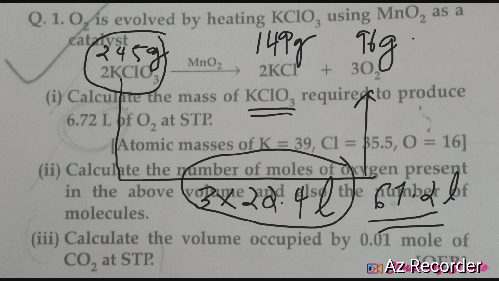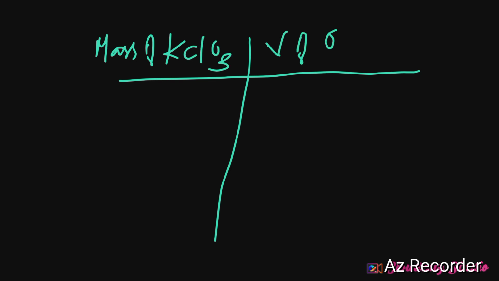Now we need to calculate the mass of KClO3 required to produce 6.72 liters of oxygen. That is what is being implied in the question. So let's proceed to solve it. We will make the comparison based on the mass of KClO3 and the volume of oxygen gas.